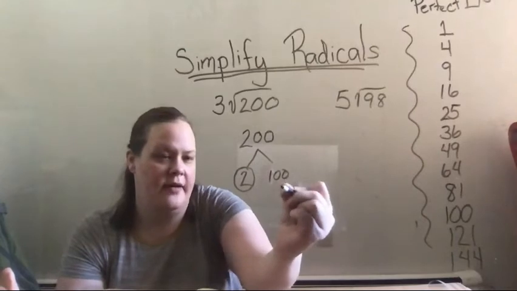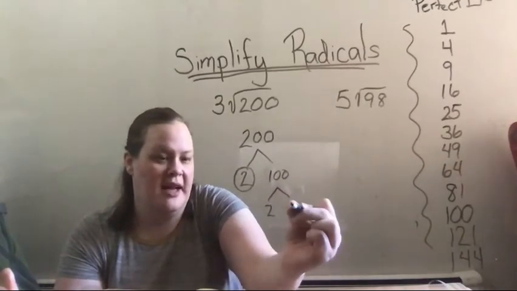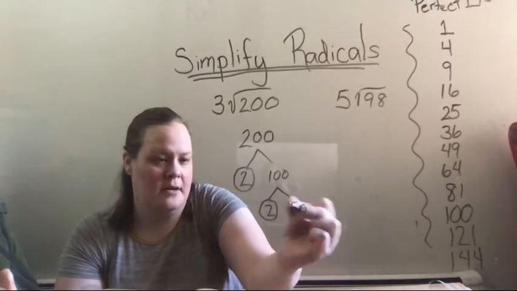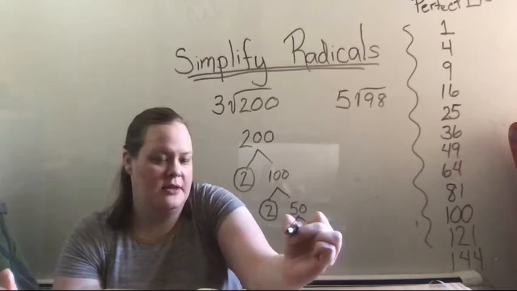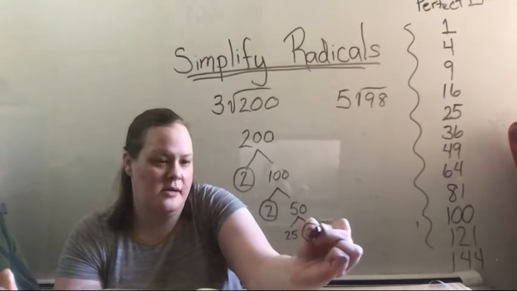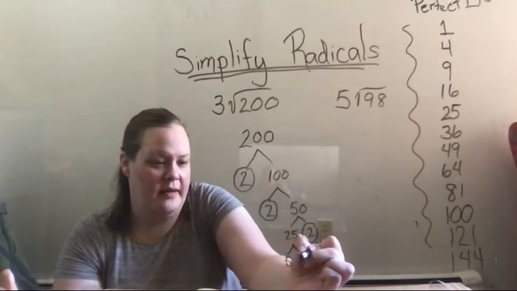And then maybe I'll break this into a 2 and a 50. And I'll break this into a 25 and a 2. And then finally that 25 becomes 5 and 5.